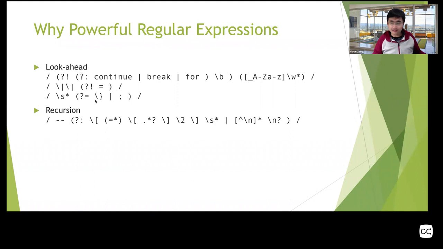Okay, and here is a third example. For example, our DSL allows omitting the semicolon if and only if the following token is a closing curly brace. So here we just write a lookahead, but we don't consume that. So the semicolon or closing curly brace.